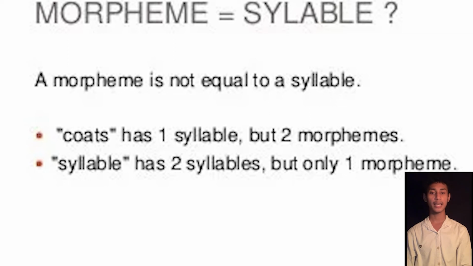It's like cats. Cats has two syllables. I'm so sorry, one syllable and two morphemes. The morphemes are cat as an animal and -s as a plural, meaning the cats are more than one.